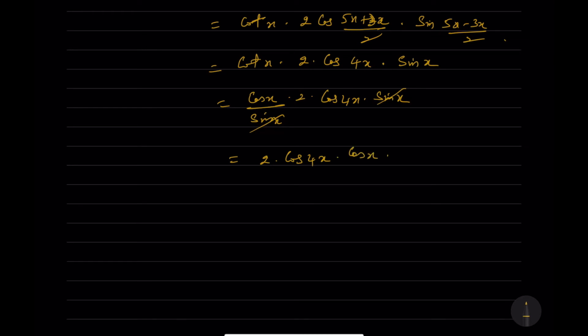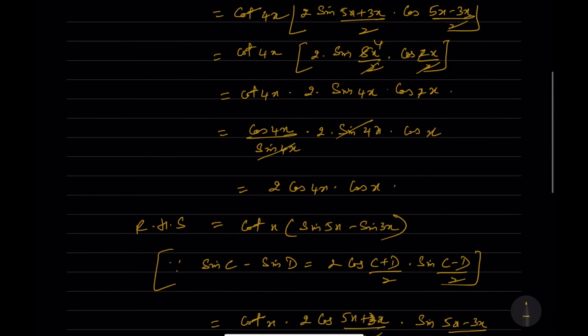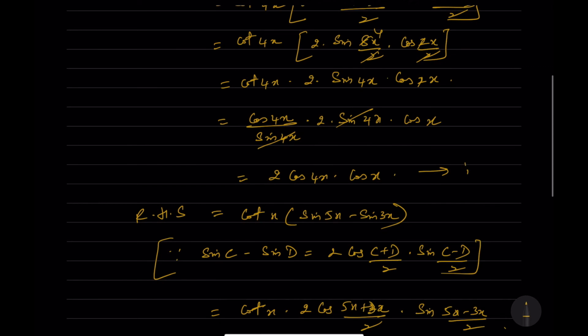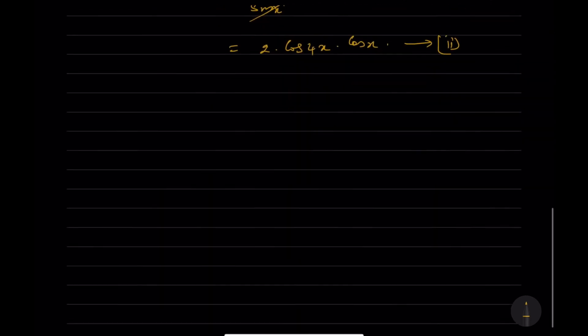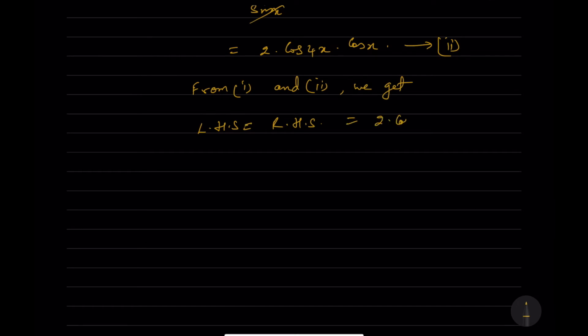So if you take this as equation 2 and what we got earlier as equation 1, from 1 and 2 we can see that LHS is equal to RHS, which is equal to 2 into cos 4x into cos x.